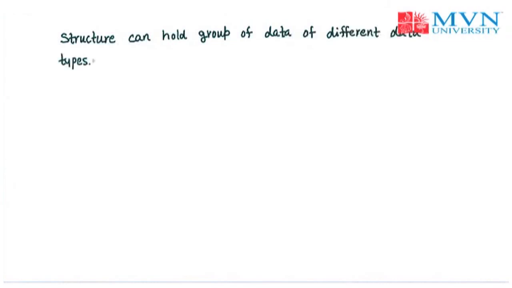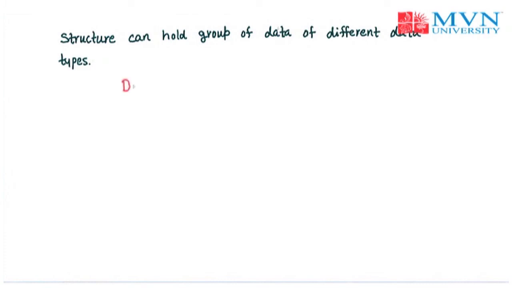But a C structure can hold a group of data of different data types. So this is the main difference between a C array and a C structure: a C array can hold a group of data but it is of the same data type, but a structure can hold a group of data which is of different data types. The data type can be int, char, float, double, long double, etc.